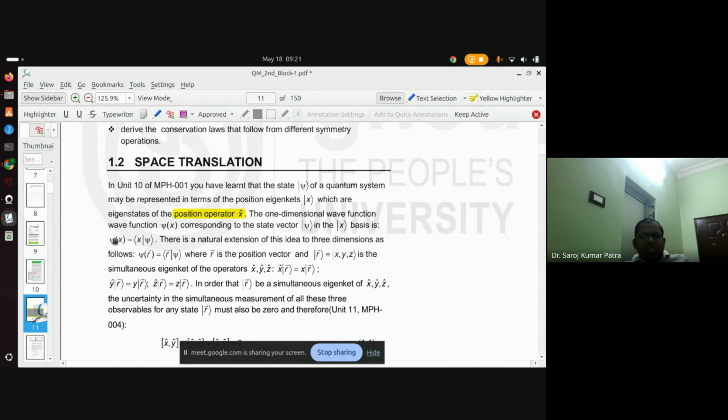In one dimension it is ψ(x) equal to ⟨x|ψ⟩, and in three dimensions we have ψ(r) equal to ⟨r|ψ⟩, where r is the position vector.